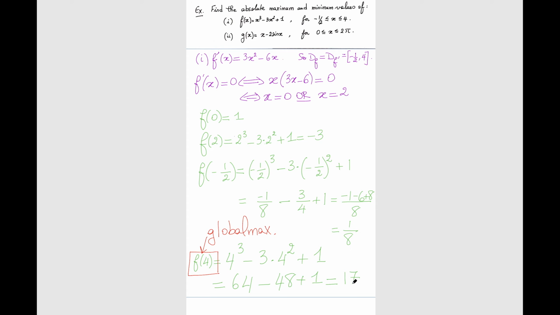The global maximum is 17. And the global minimum is -3. It's going to occur at 2. Right? So this guy is a global minimum.